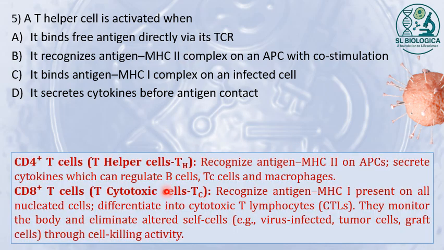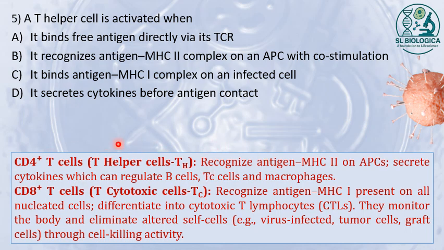Let's move into the detail. We have 2 types of T cells available. The T helper cell, that is TH cell, has the CD4 receptor on it, so they are generally represented as CD4 plus T cells. They recognize the antigen presented on the MHC2 type, that is major histocompatibility complex type 2, which is only expressed by the antigen presenting cell. So I'm repeating the scenario.